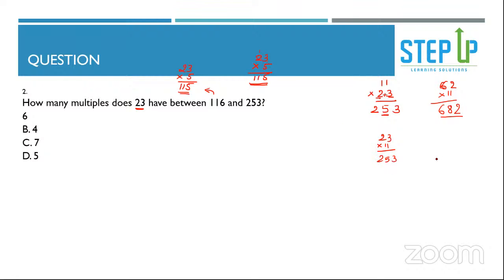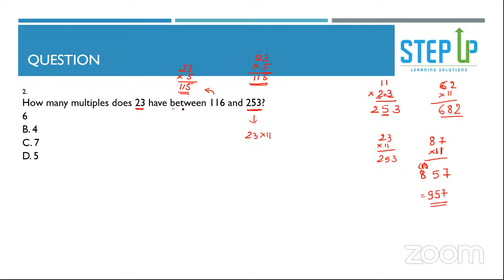If I have to multiply 87 into 11, I'll write 8 as it is, I'll write 7 as it is. Now 8 plus 7 is what? 15. 5, and 1 will be carry forward. So your answer will be what? 957.